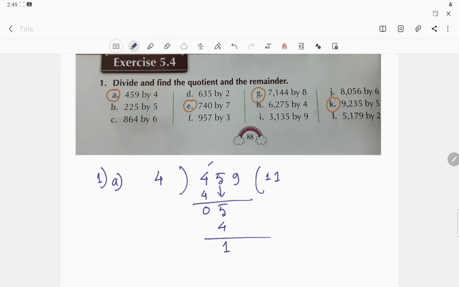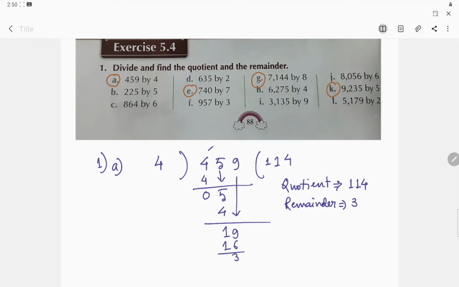Now you will get 1, and now bring down 9. 4 fours are 16, which is the nearest one. So you are getting 3. Now the quotient is 114 and the remainder is 3.